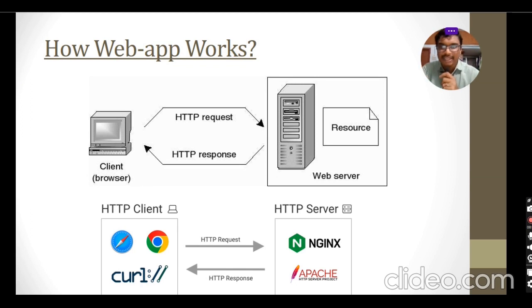If my public IP is 192.168.100.122, whoever types that IP address in their browser, either Safari, Google Chrome, Mozilla Firefox or any other browser, is going to send an HTTP request.